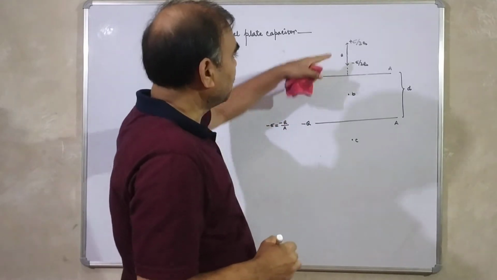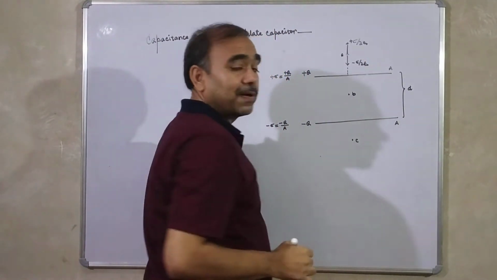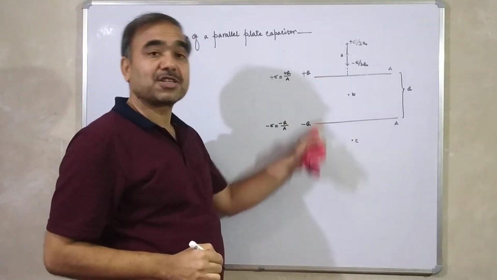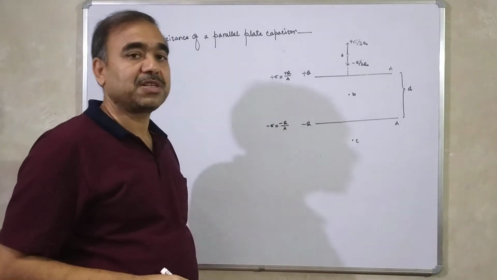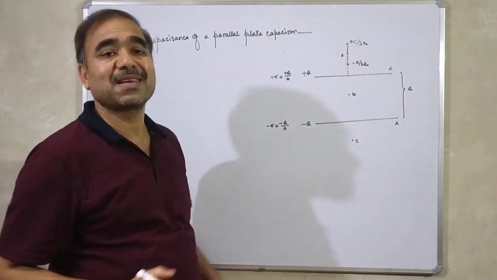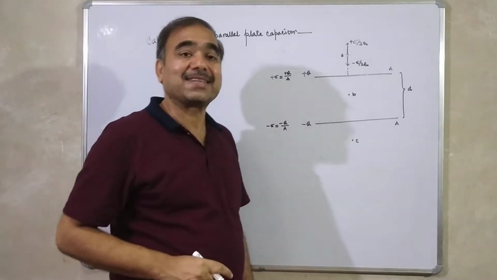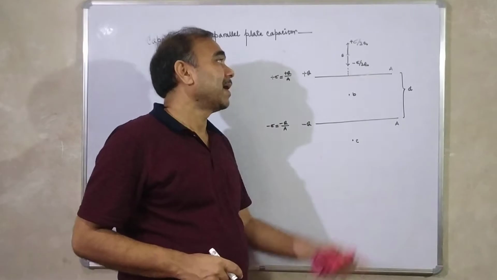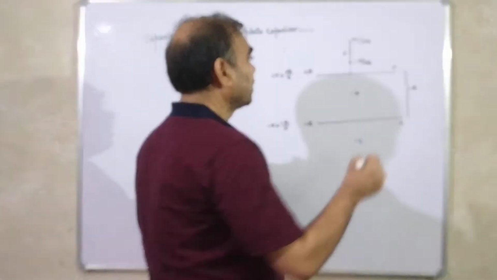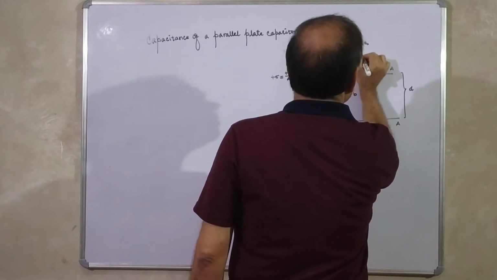Therefore, at point A, the electric fields due to the two plates have equal magnitude and opposite direction, so they cancel each other. The electric field at point A, which is exterior to the plates of the capacitor, will be 0. E is equal to 0.